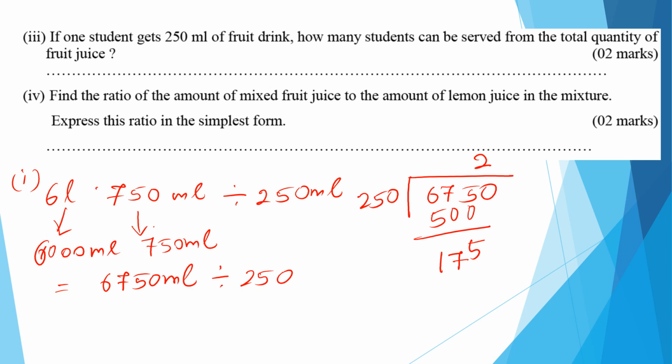Then you take the 0 here, and you find how many 250s are in 1750. I guess it is 7. Just multiply by 7: 7 into 0 is 0, 7 into 5 is 35, and 3 carry.